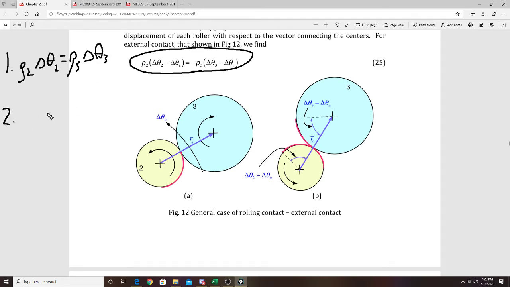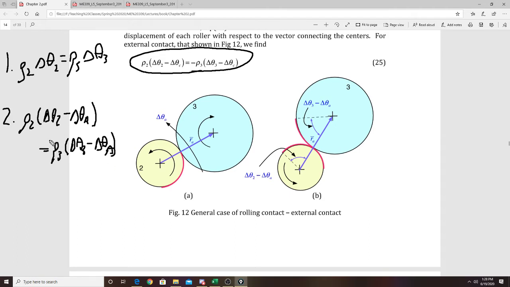And then the second one is row 2. Now obviously this is plus or minus, right? You understand that depending on how they contact, it's plus or minus.